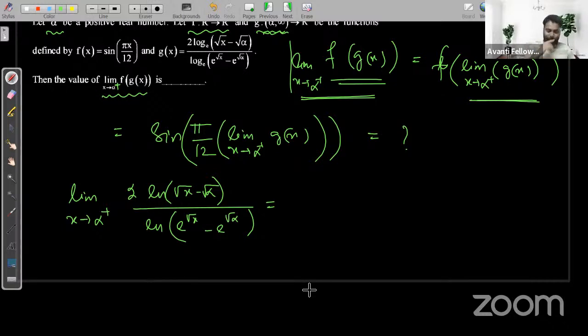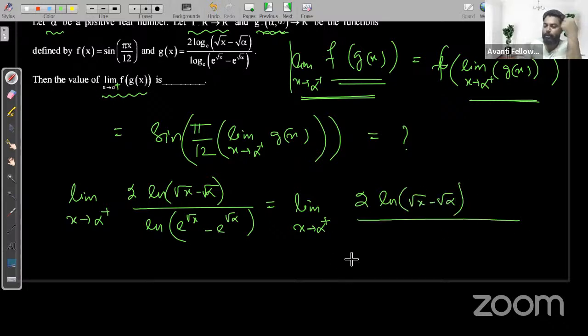Let's first simplify the given function. Okay, so the limit as x tends to alpha plus, I am keeping 2 into ln of root x minus root alpha as it is. Don't touch anything in the numerator, okay? From the denominator I am taking common ln of e to the power root alpha.